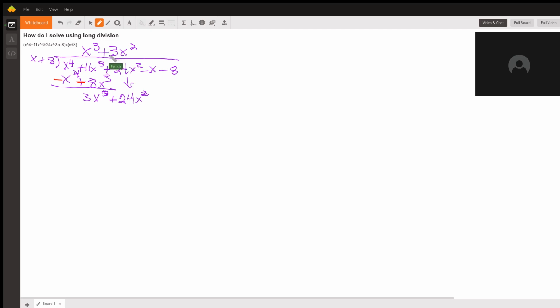So now 3x squared times x is 3x cubed. 3x squared times 8 gives you a plus 24x squared.